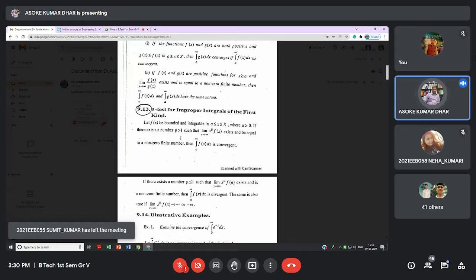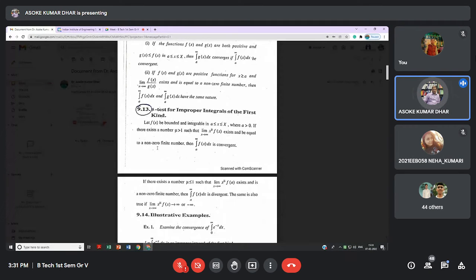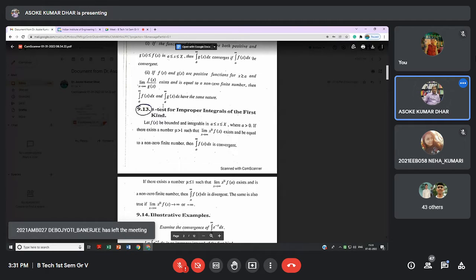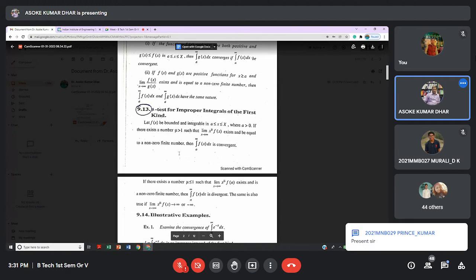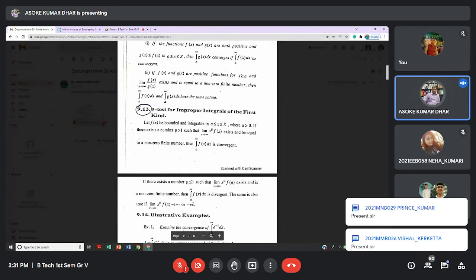If there exists a number mu greater than 1, such that limit of x to the power mu f(x), x tends to infinity, exists and is equal to a non-zero finite number, non-zero finite, this is very important, then a to infinity f(x) dx is convergent. If mu is less than or equal to 1, then it is divergent.